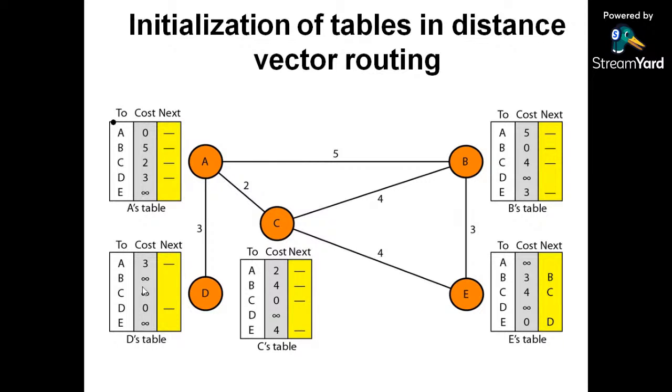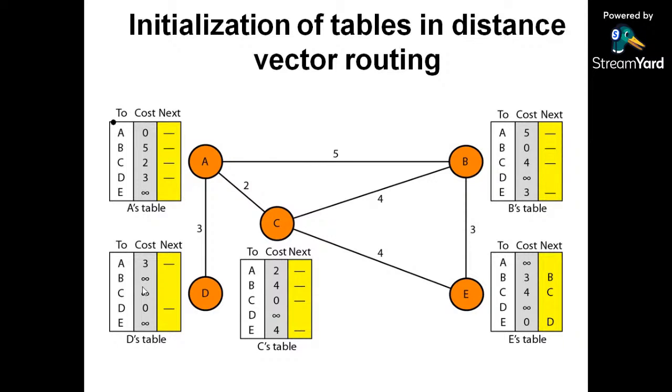So thus for the table from D, the distance to each node is given. So the cost of D to A is 3. From D to B, the cost is infinity because there is an intermediate node.